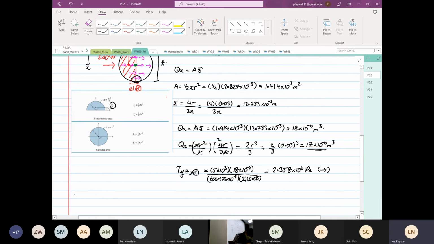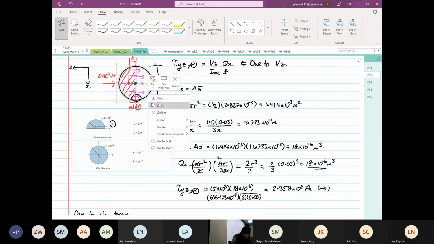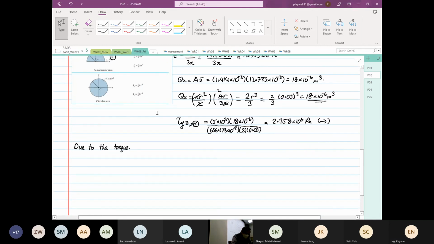The next one is due to the torque. So I'm going to use the same circle due to the torque now.